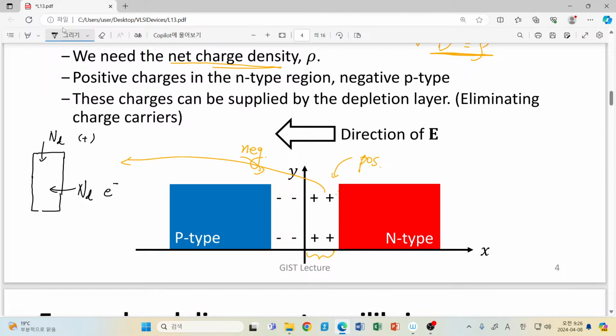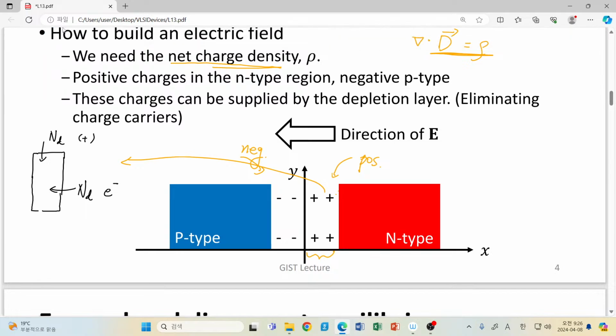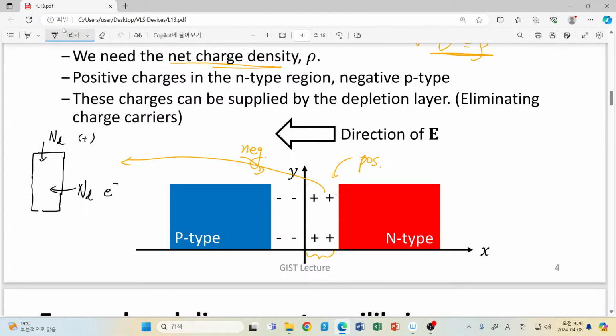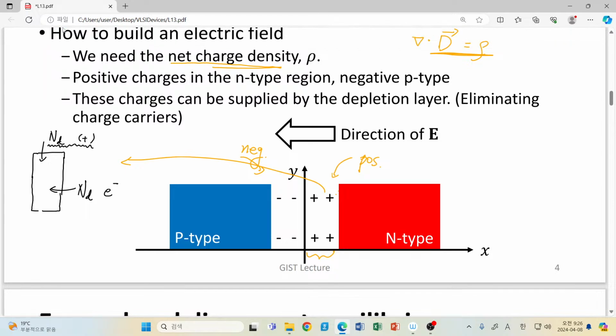And now we want to have a positively charged layer. How can we make a positively charged layer? Here, in a homogeneous system, they are perfectly balanced. That's the reason why these two contributions cancel out each other.